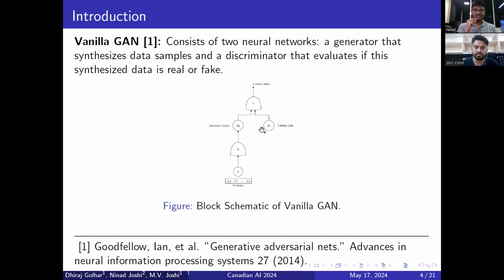And the aim of the generator is to generate an image such that it fools the discriminator. Whereas the aim of the discriminator is to label the generated image as fake and classify the real image as real. And the real image is taken from the training data, which is represented by Z of R.